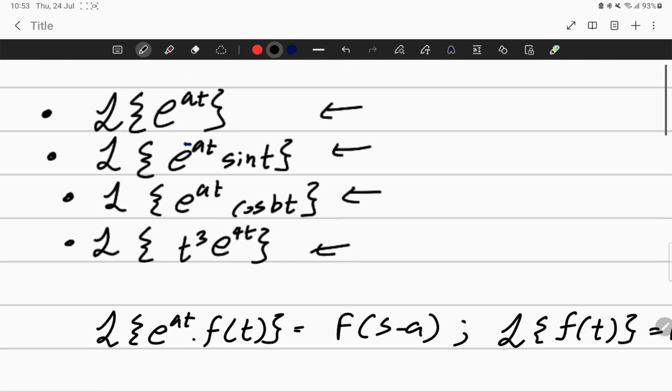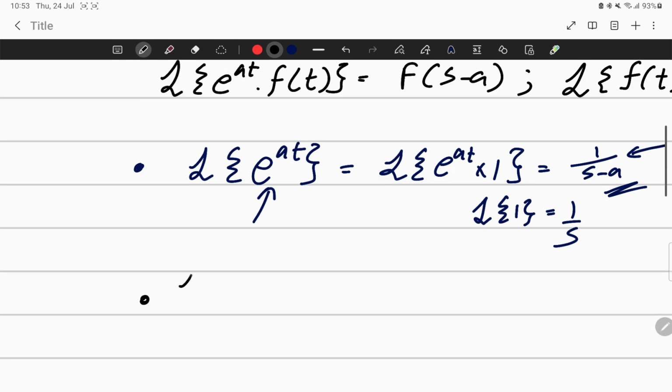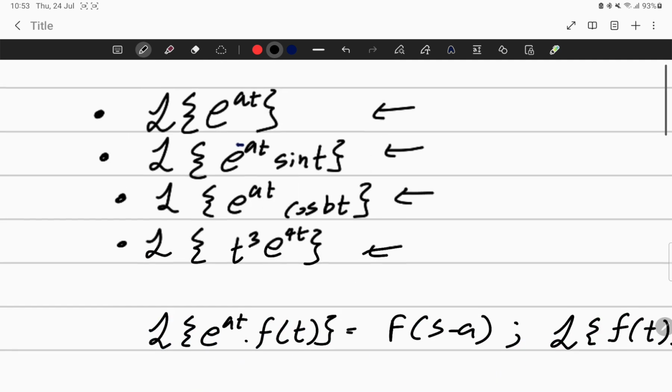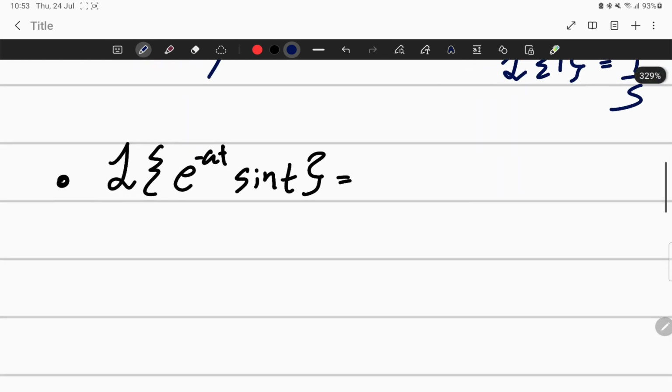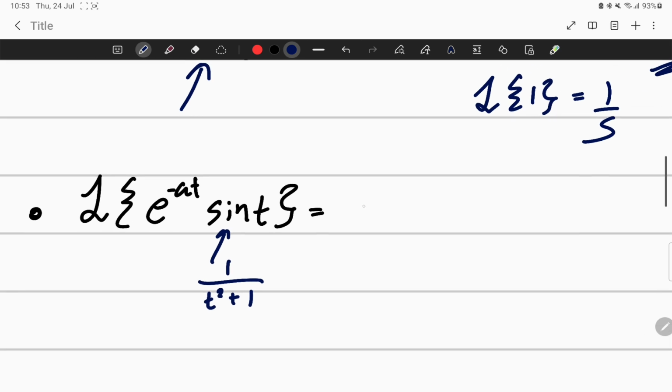So let's take the next example. It is the Laplace transformation of e to the minus at sin t. I know the Laplace transformation of sin t is 1 over s square plus 1 square, otherwise it is 1 over s square plus 1.